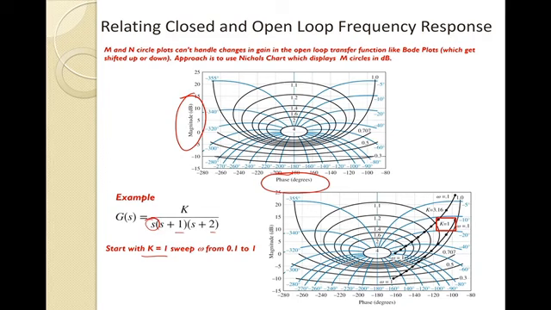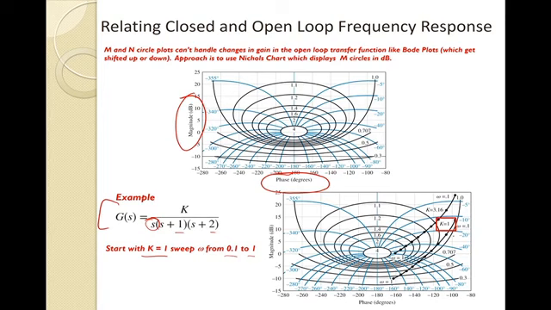And so what we're going to do is take this transfer characteristic, starting with a gain of K equals 1, and sweep the frequency from 0.1 to 1 radians per second. So if I look on this Nichols chart, I'm going to have a couple of curves.